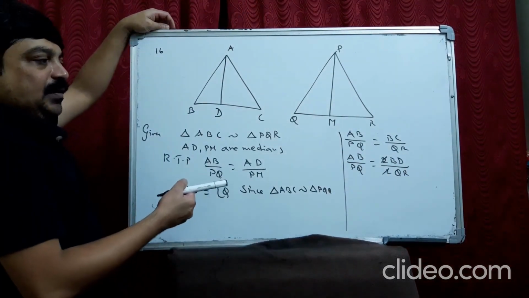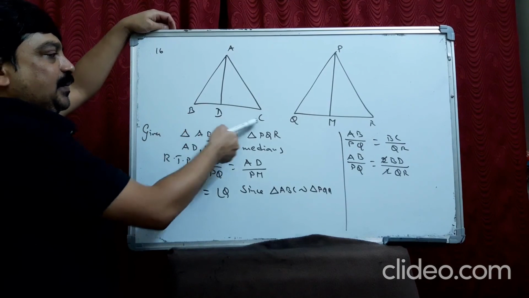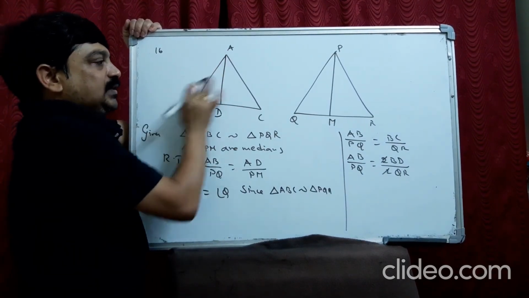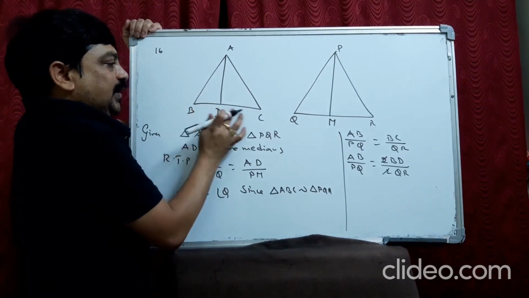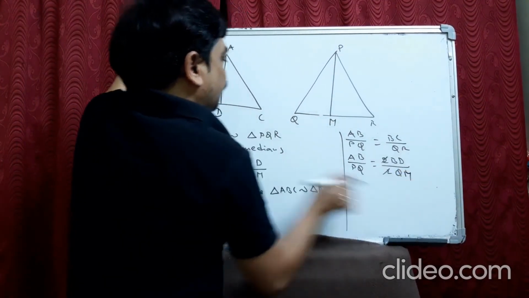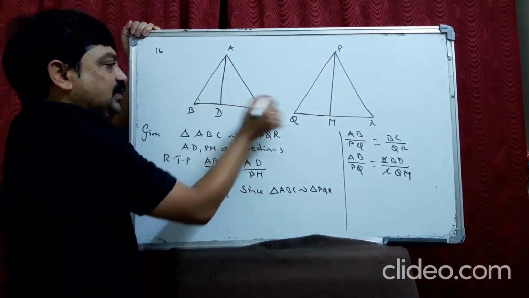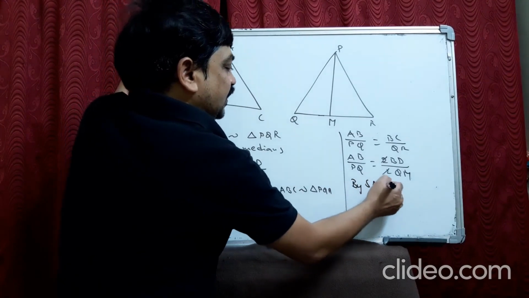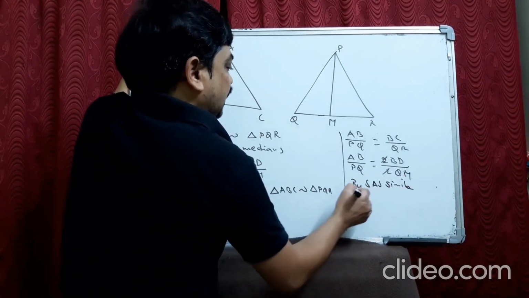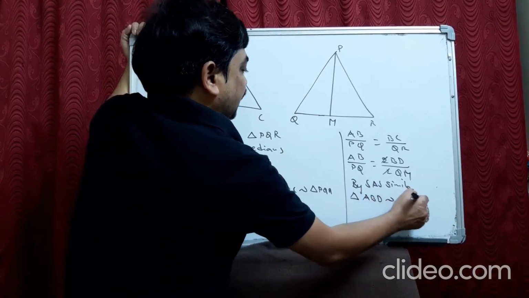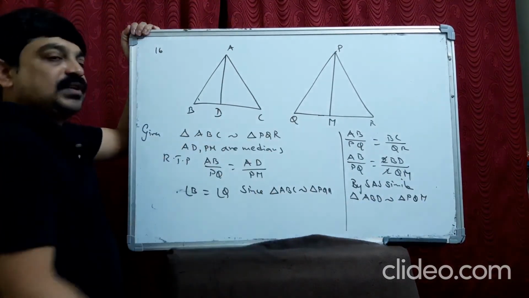So it becomes AB by PQ is equal to BD by QM, and angle B is equal to angle Q. Therefore, by SAS similarity, triangle ABD is similar to triangle PQM.